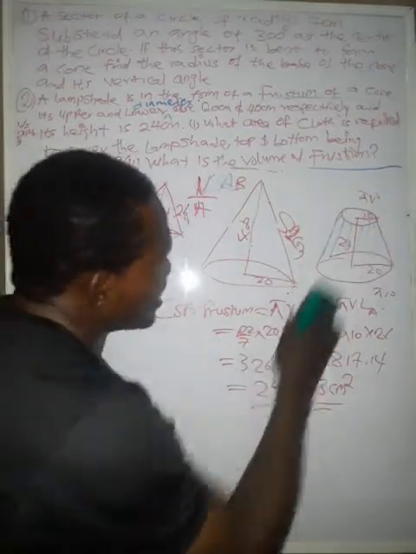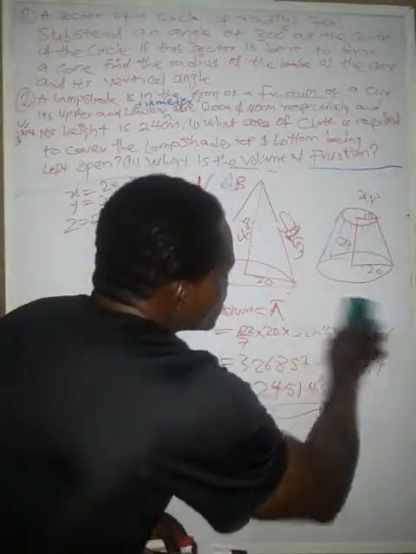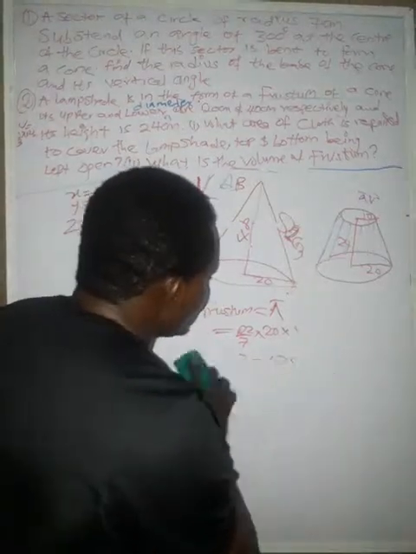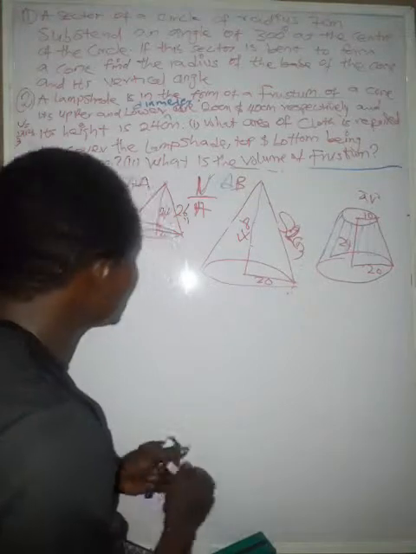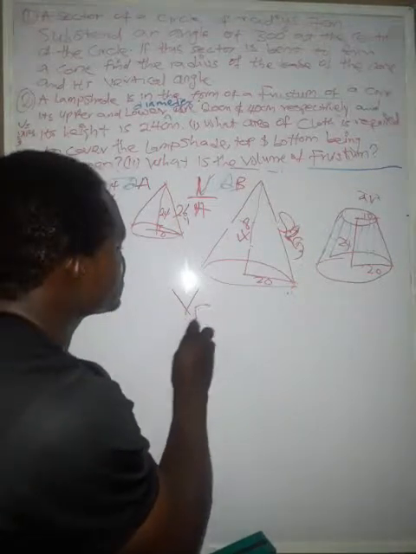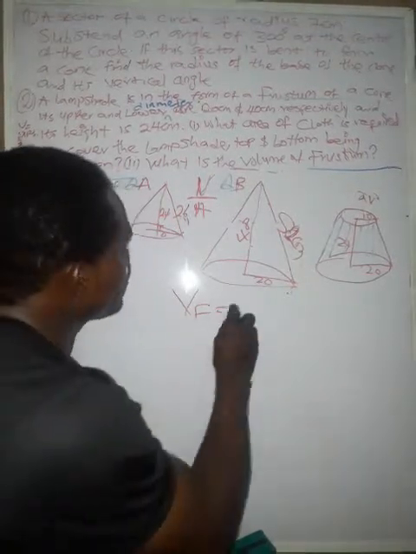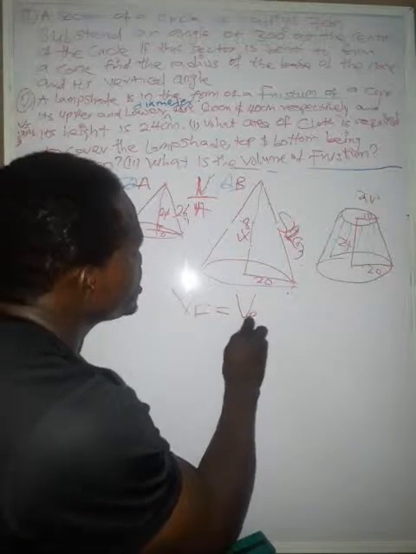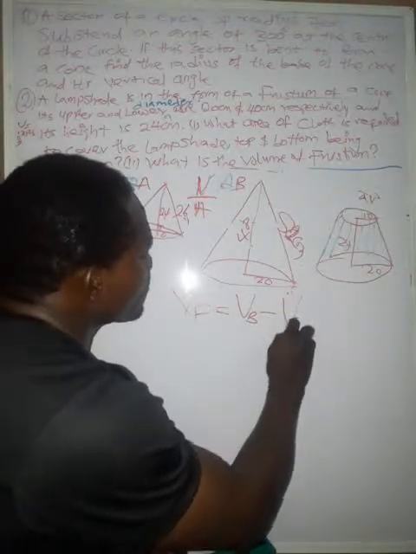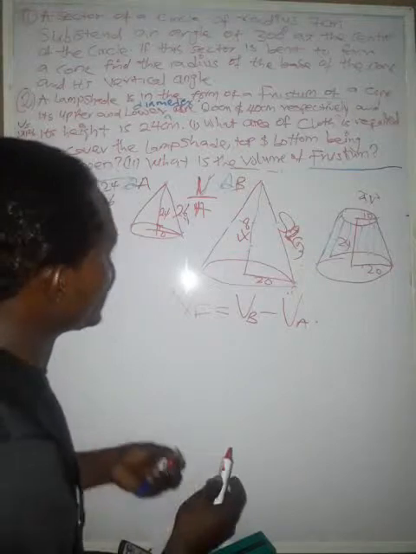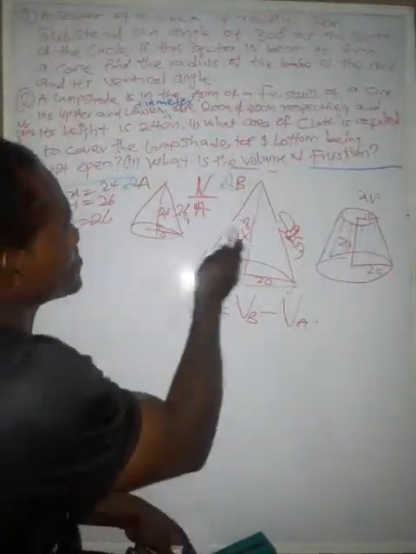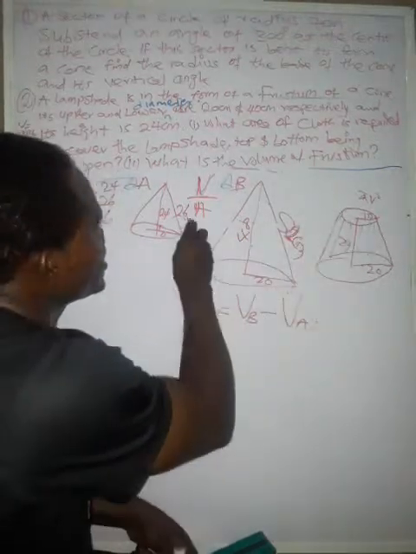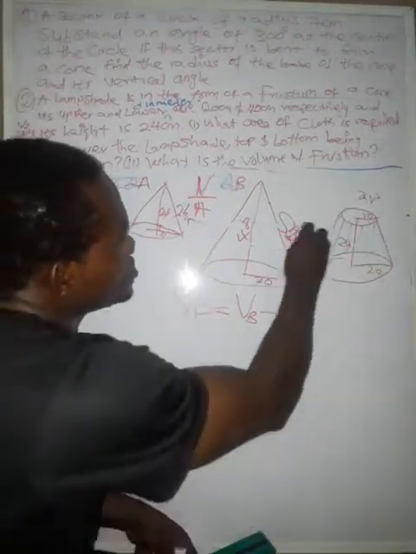So for me to have the volume of the frustum, the volume of the frustum will be equal to the volume of cone B minus the volume of cone A. By the time you subtract this one from here, you are left with this.